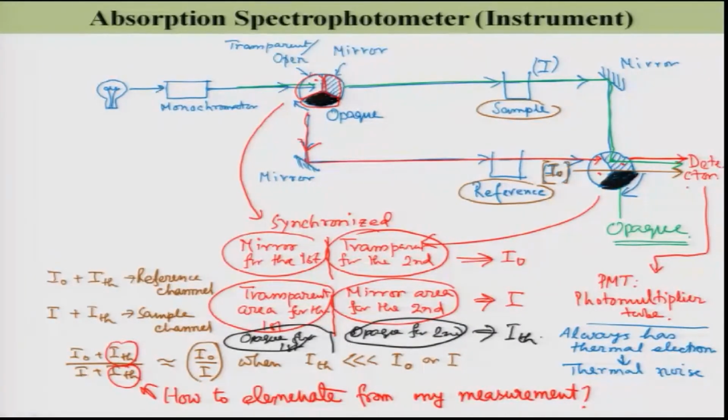So, you can do I0 minus ITH divided by I minus ITH, and you will get the exact value of the ratio. That means, the exact value of I0 by I you will get. So, the absorbance you will calculate in this way will be very accurate, right. Okay. So, these are all about this absorption spectrophotometer, about the instrumentation what I wanted to discuss with you.